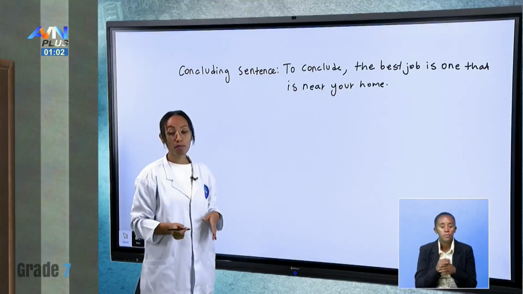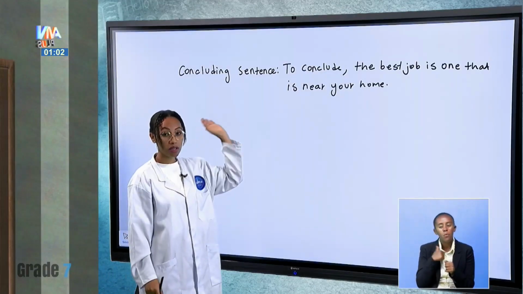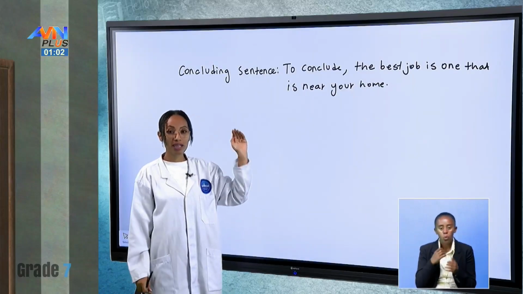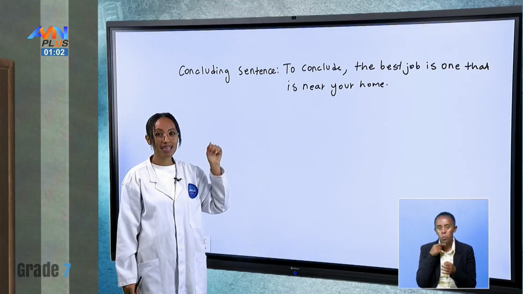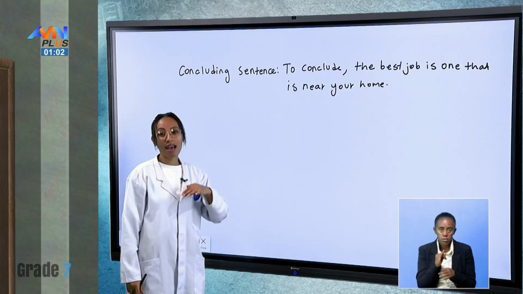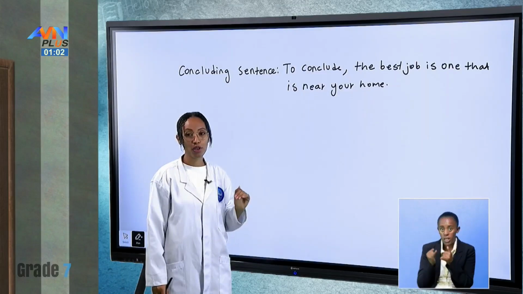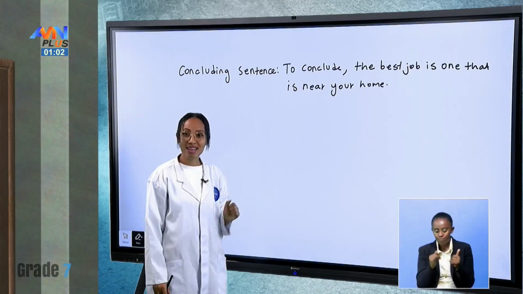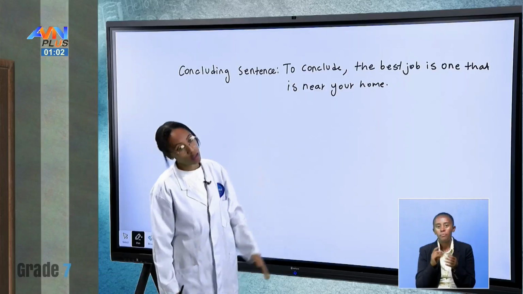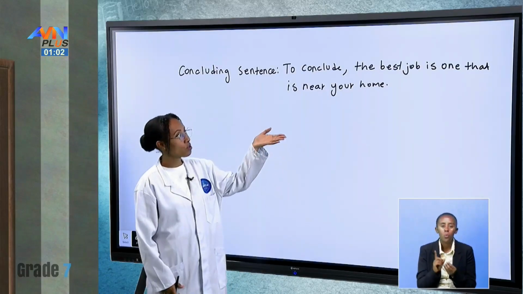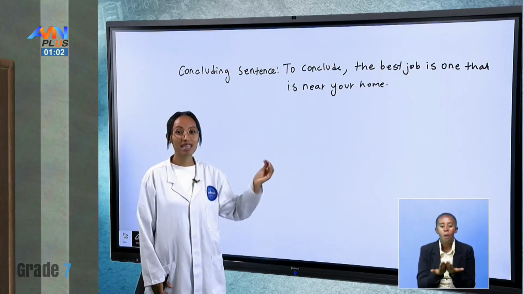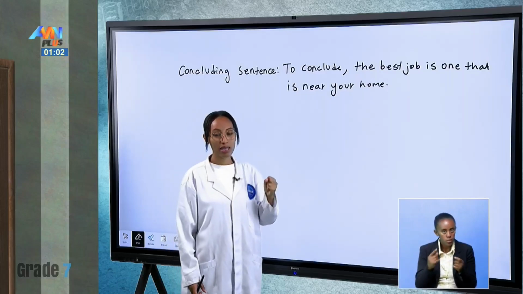So, if you remember when we were talking about the concluding sentence, we said that a concluding sentence is found at the end of your paragraph. It is the ending line, and we also talked about how it restates the topic sentence.